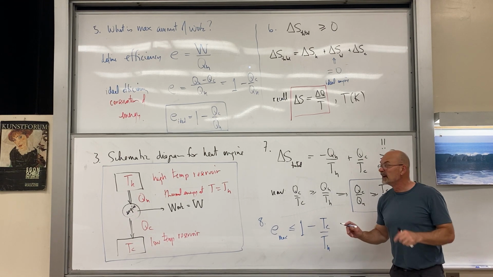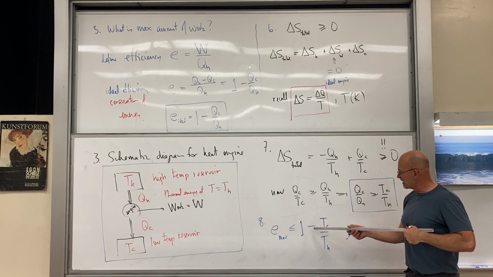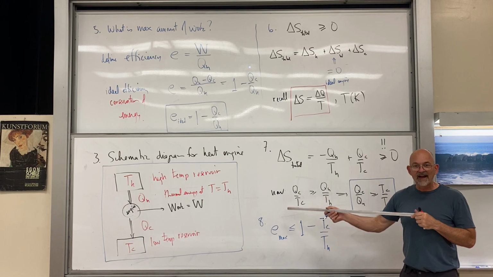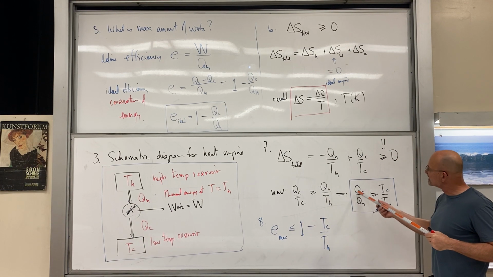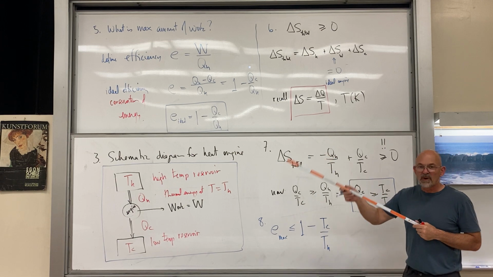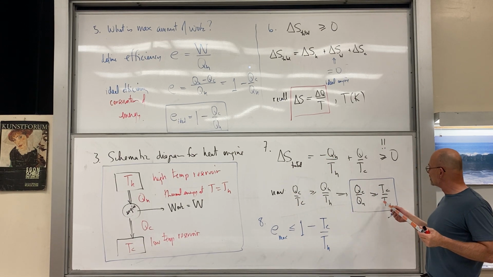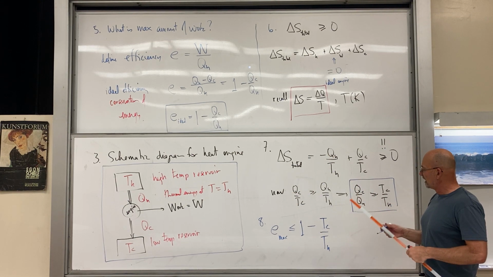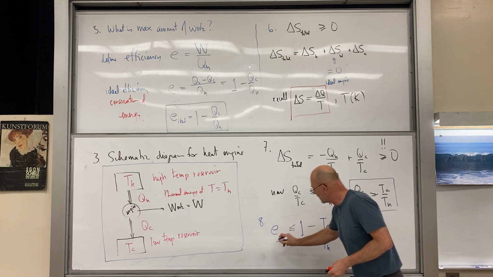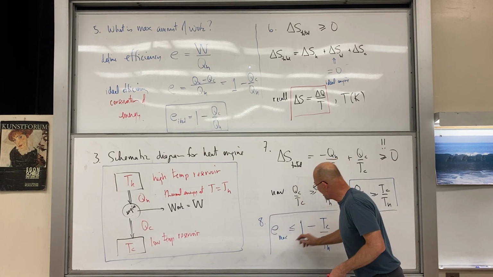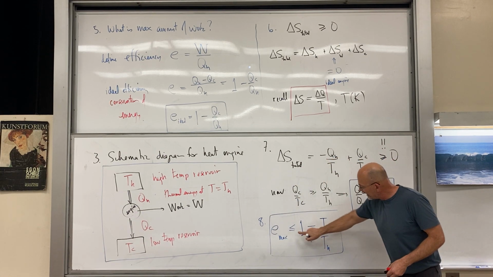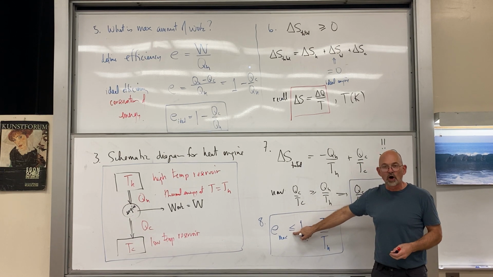So this is a hard and fast law of nature because it's based on the flow of energy from hot to cold. Okay, it's that general, and this efficiency has a name. If you give it the equal sign, then it's called the Carnot efficiency.